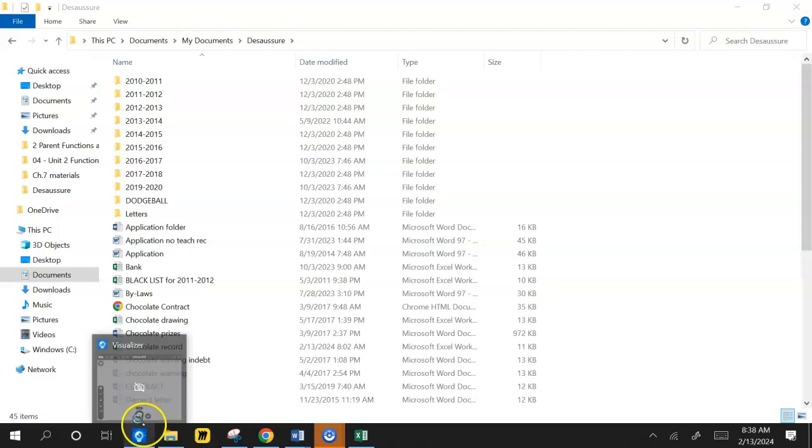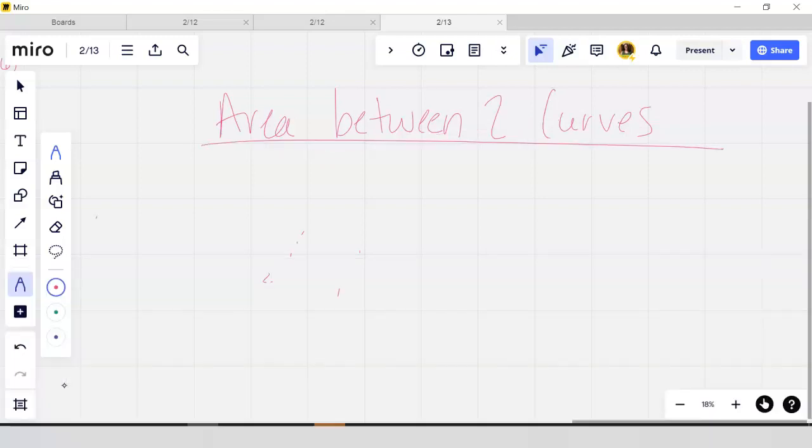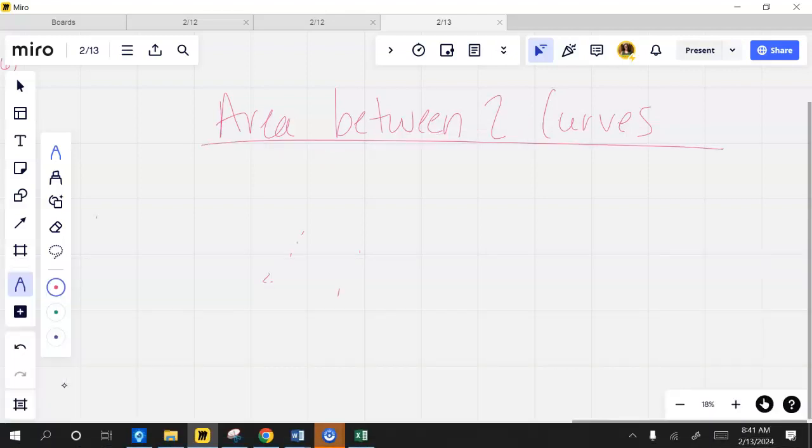Oh, Stacey. We're literally 2 sections out from being done. We're in Unit 8. Position, velocity, acceleration, that's your PVA.